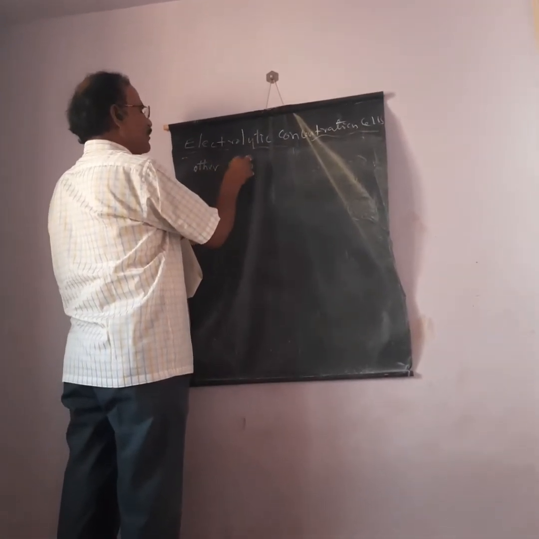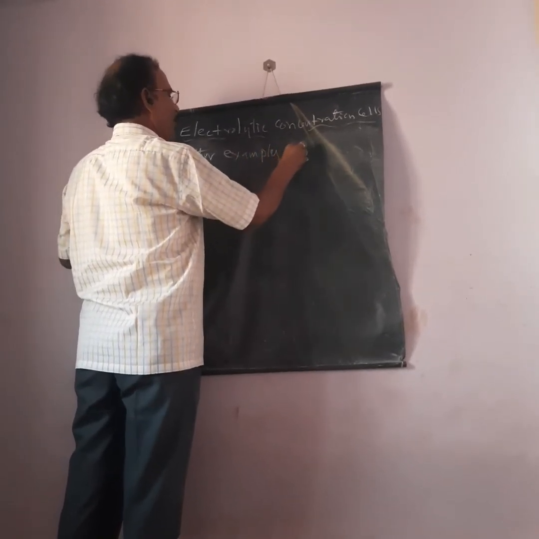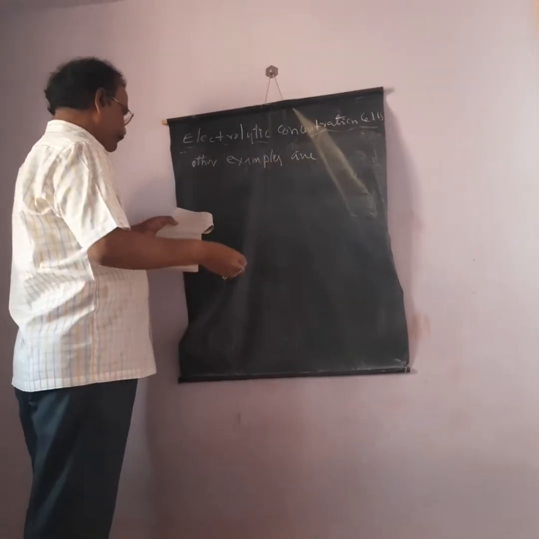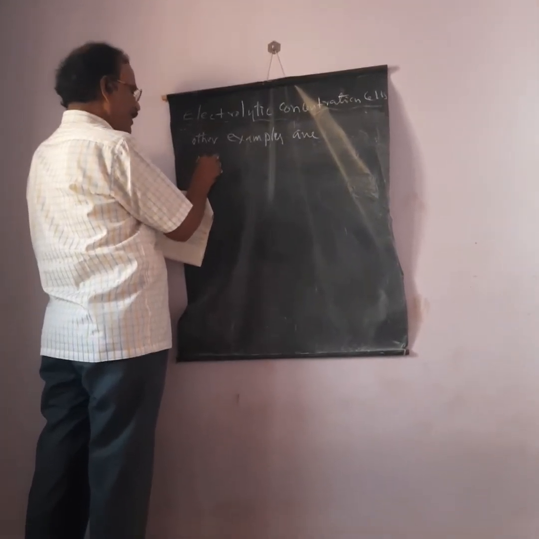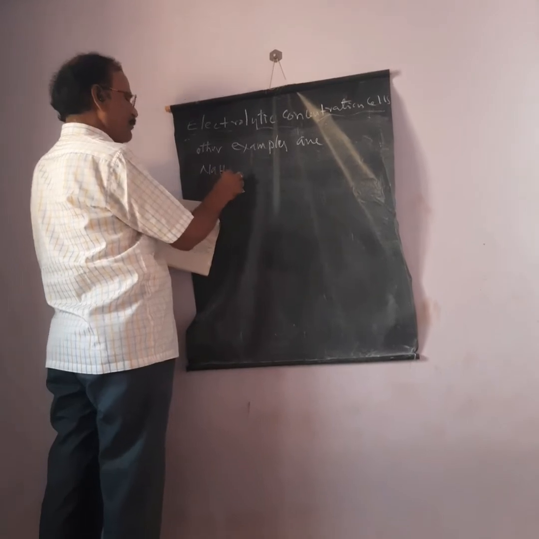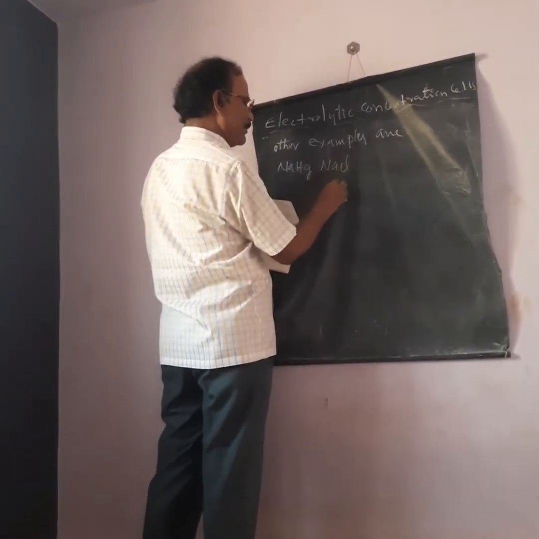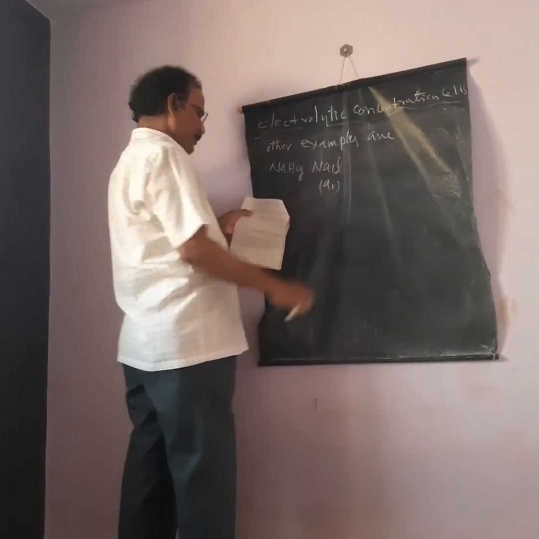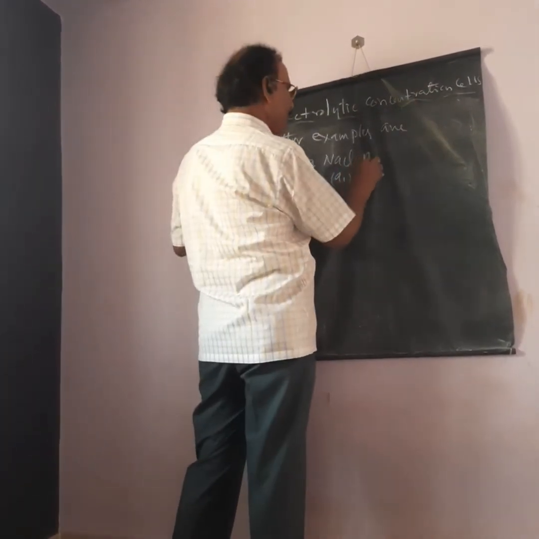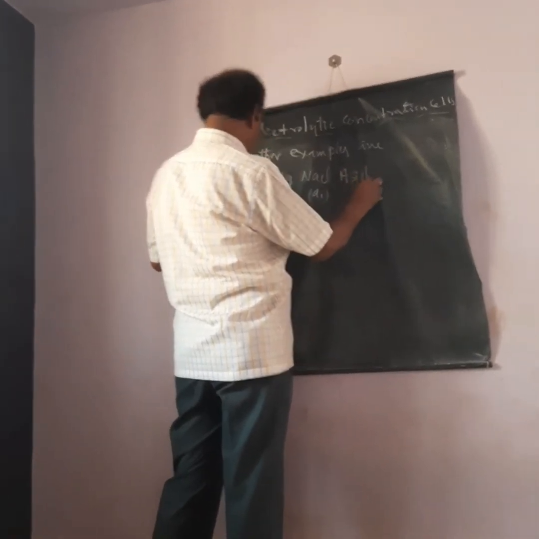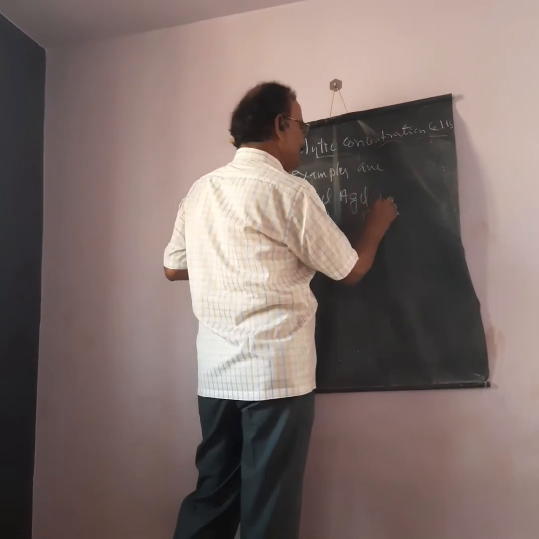Other examples: NaHg, sodium amalgam, in a solution of NaCl at activity A1, in contact with AgCl solid and Ag.